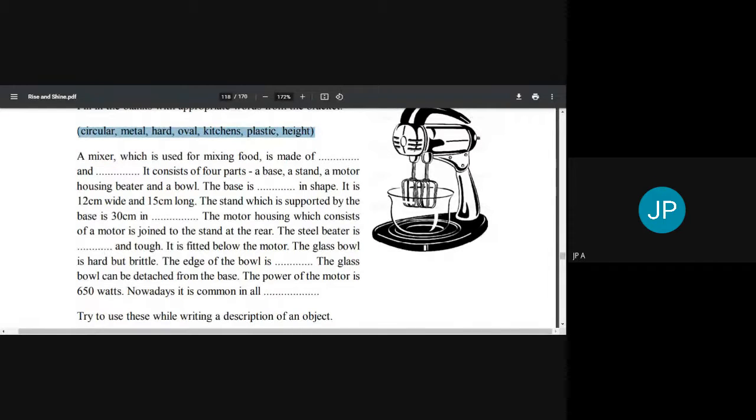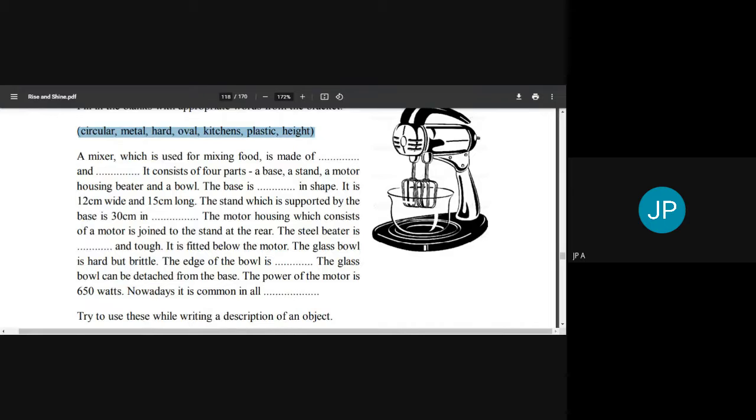Yes, it's height. Okay, the motor housing, which consists of a motor, is joined to the stand at the rear. Rear എന്ന് പറഞ്ഞാൽ back.